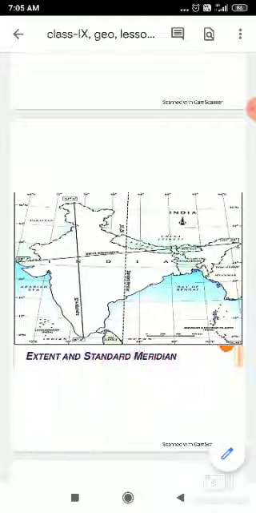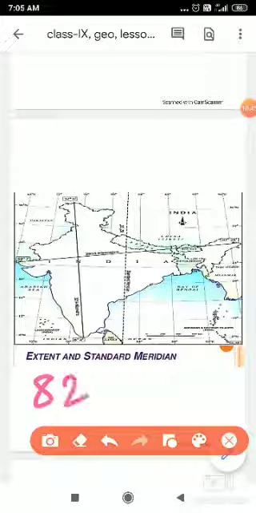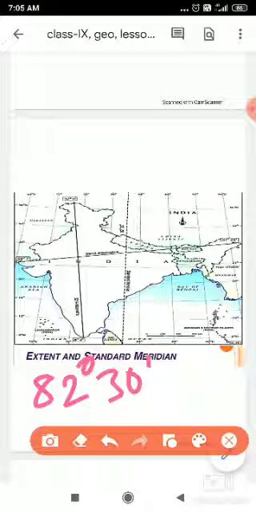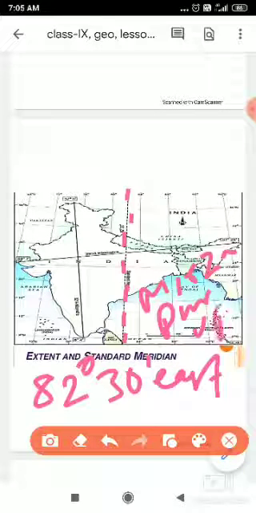The value of Indian Standard Time is 82 degree 30 minute east. And this line passes through Mirzapur, Uttar Pradesh. Mirzapur, that is in UP. You can also call it Naini. This is the standard meridian of India. So I hope you have understood this one.